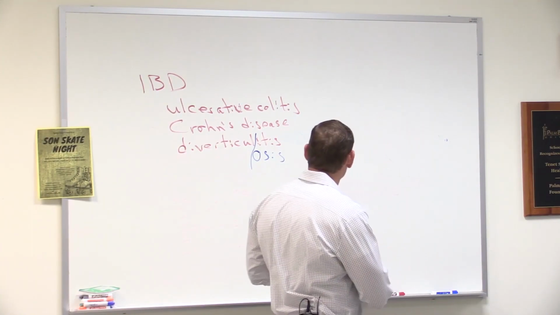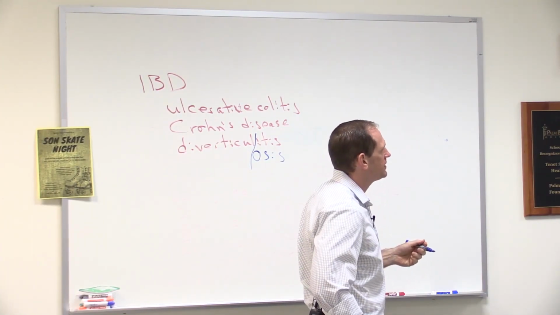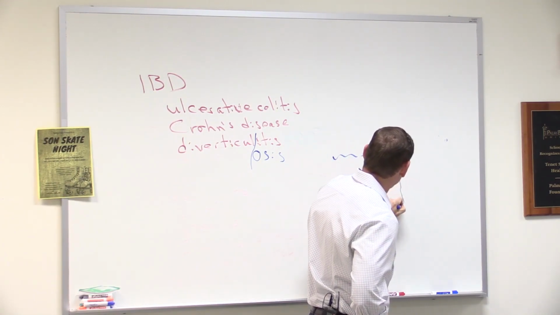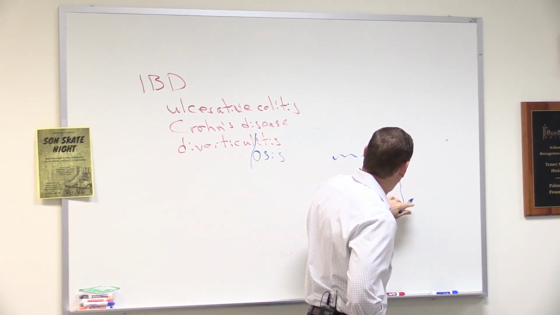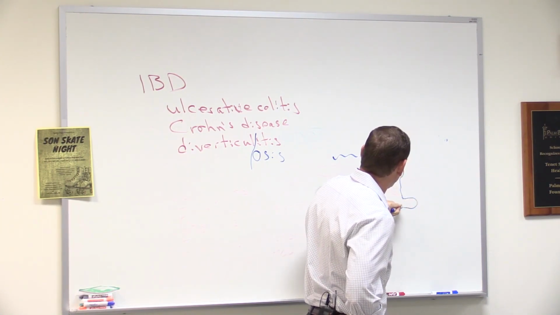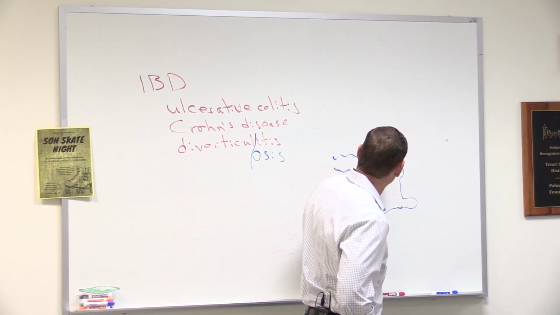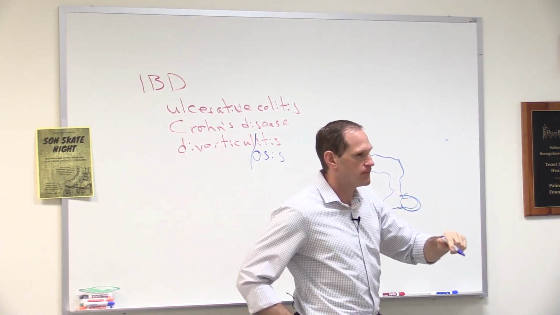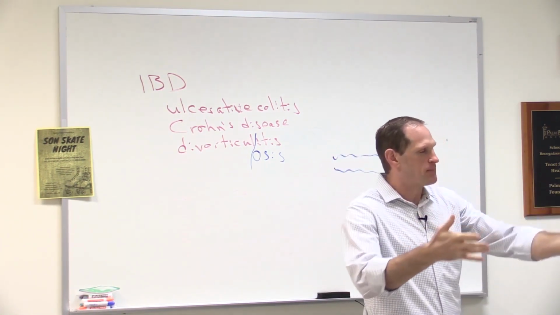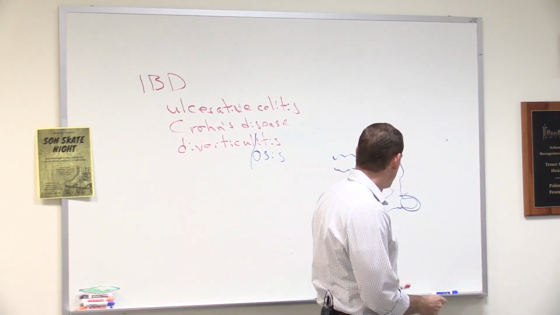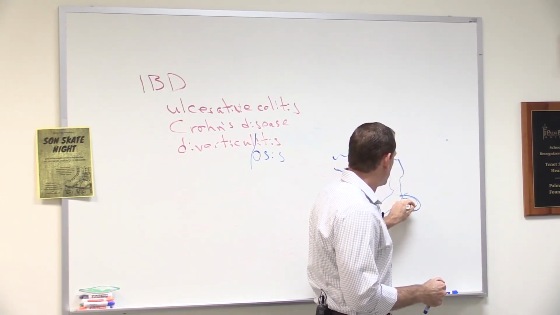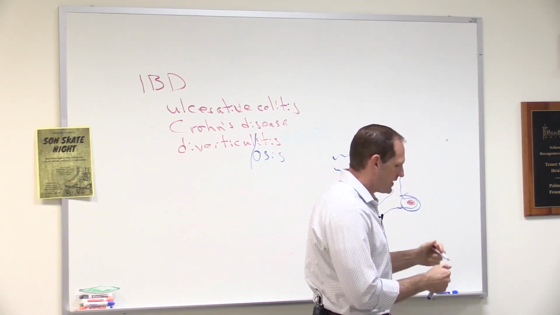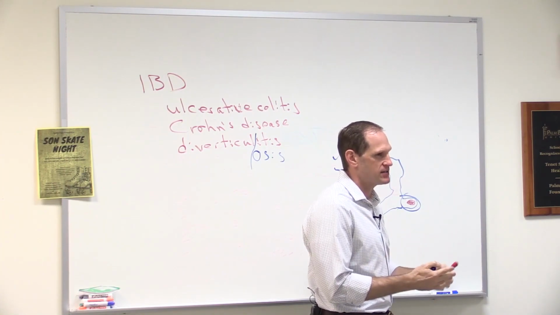So the presence of diverticula. A singular is a diverticulum, and it's an outpouching of the colon. So here you've got a pocket, it's an outpouching, and stuff can get trapped in there. As that stuff gets trapped, if it becomes inflamed and infected, that's what causes diverticulitis.